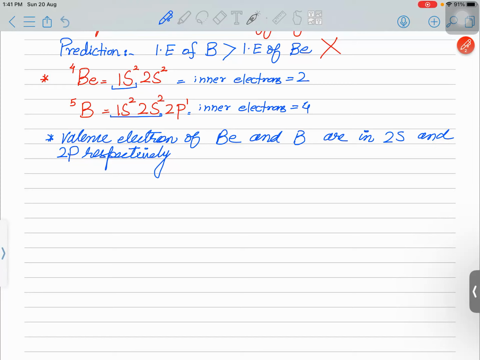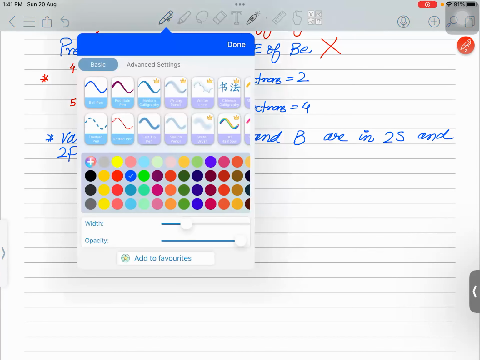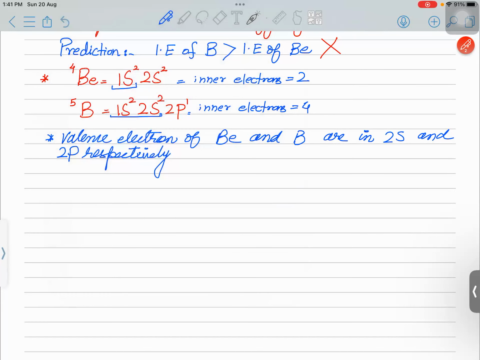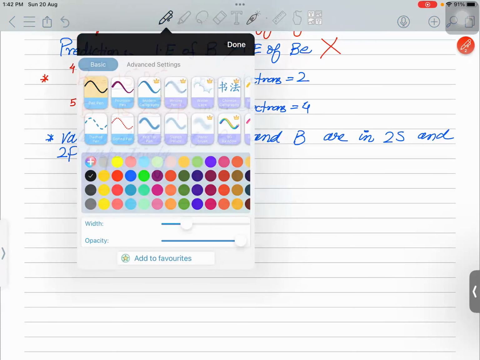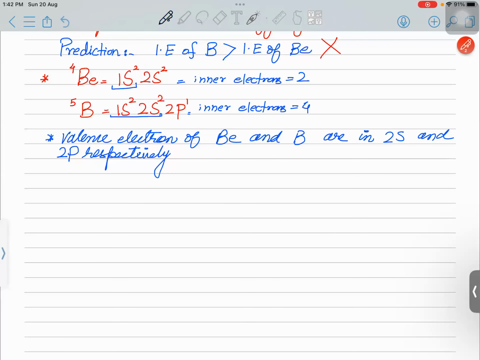So which is farther away from the nucleus? Before 1s we have the nucleus. Boron.